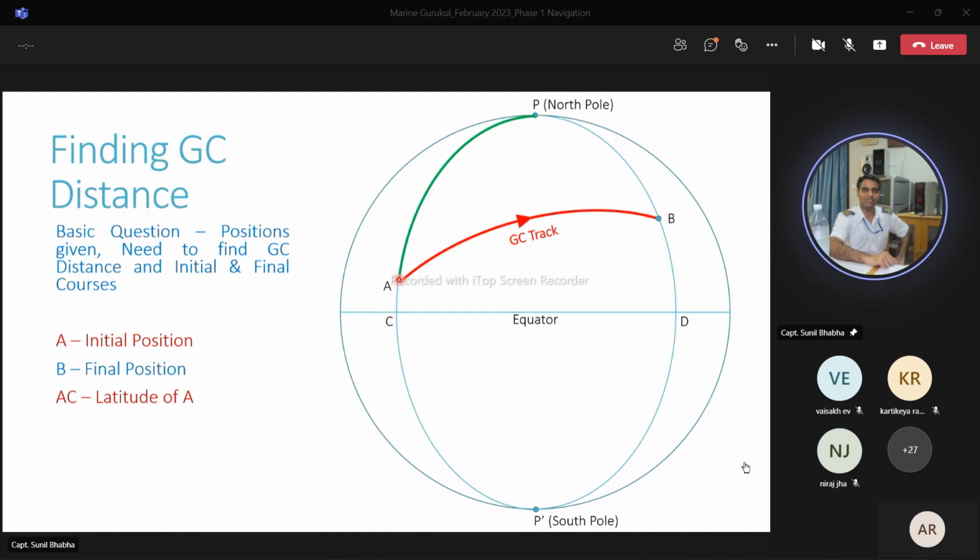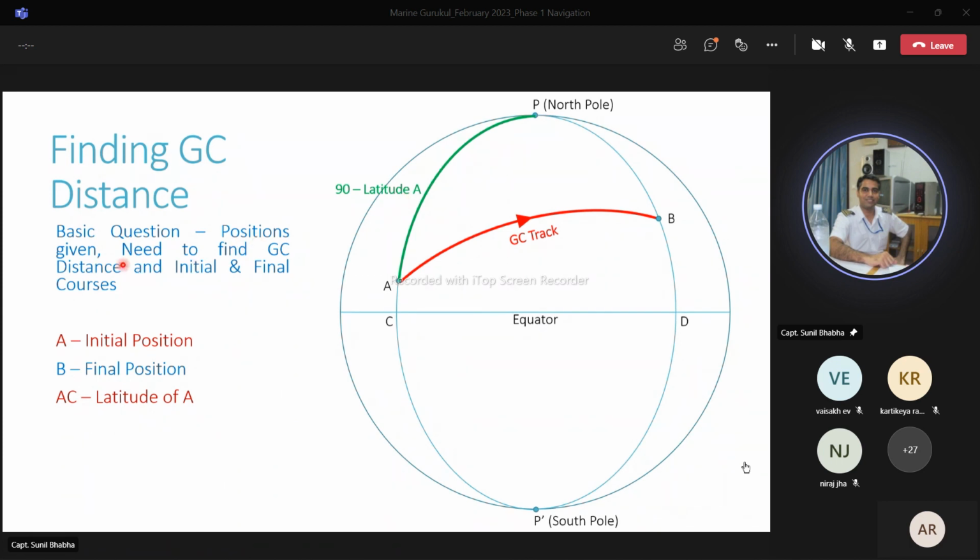We have just seen that AC, alpha to Charlie, is equal to the latitude of the observer, the latitude of the initial position. So this tells us that the arc Papa alpha, which is marked in green now in the plot, will be equal to 90 minus latitude of A. This is also known as co-lat of A or complementary latitude of A.